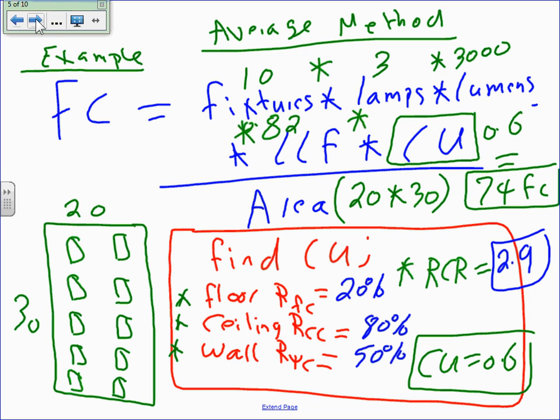Can you see at the top of that table, it says 20? Cool. All right, so we have only one choice, 20. For the floor, this means we're expecting 20% of the light that hits the floor to be reflected back into the 2.5 calculation level. Make sense? 20% of the light that comes out of this fixture and hits the floor is going to bounce off the floor and come back into the calculation zone, which is 2.5.